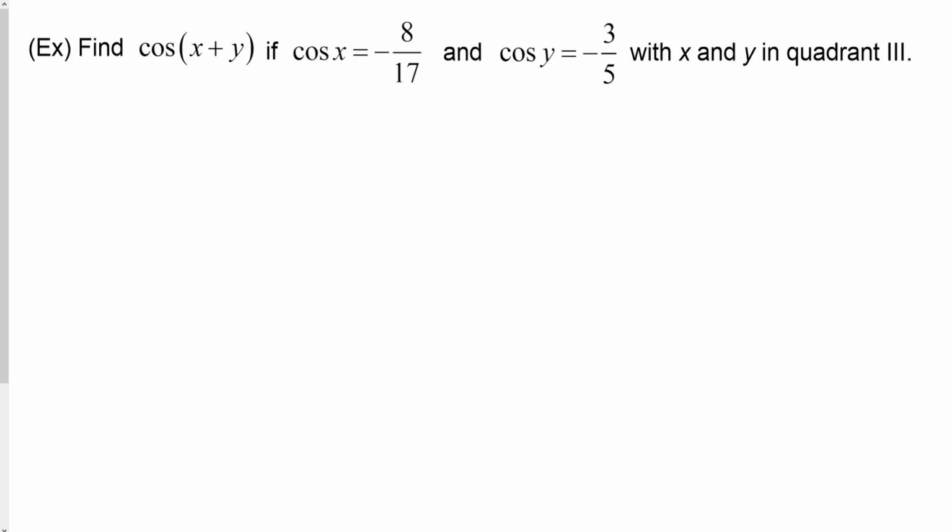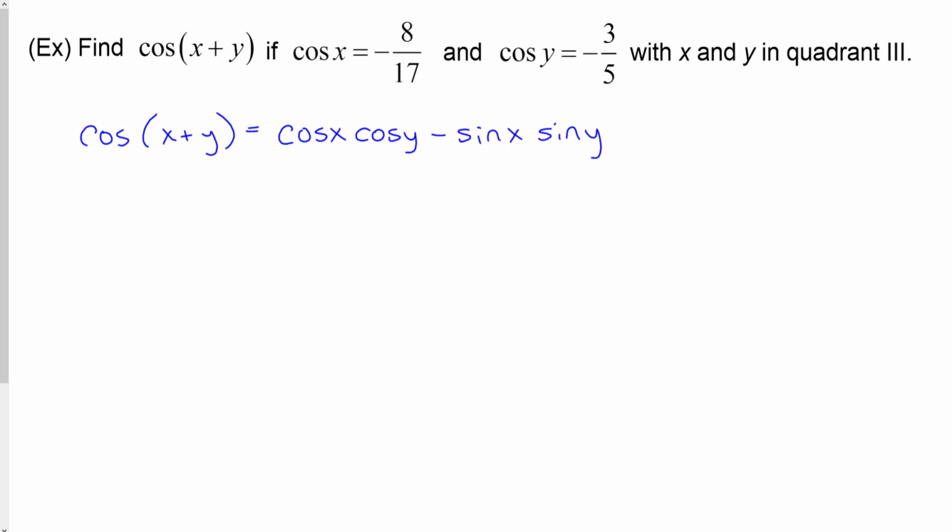Okay, so in order to work this through, one thing that we know here is cosine of x plus y, which is what we're trying to find, is cosine x cosine y minus sine x times sine y. We already know what cosine x and cosine y are. Those are given to us, but we don't know what sine x and sine y are. So let's try and figure those out.